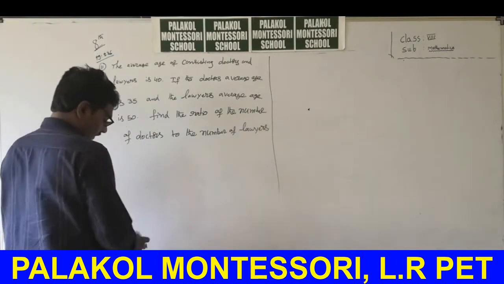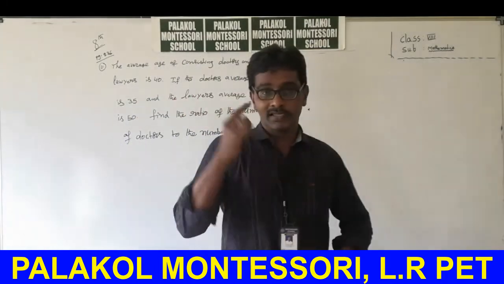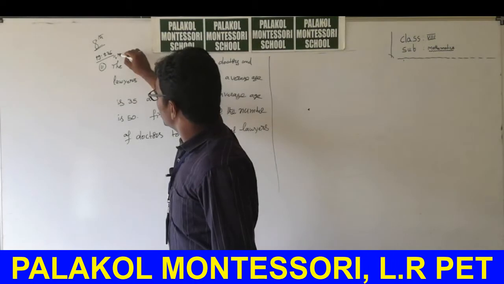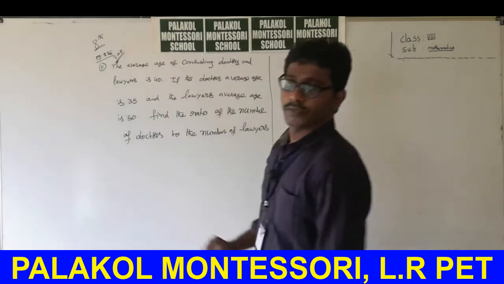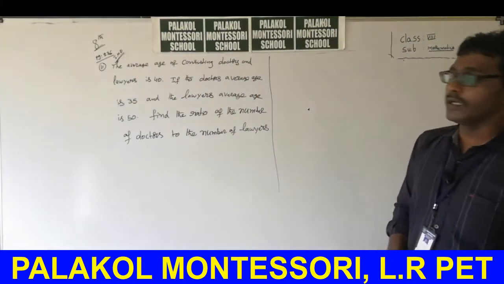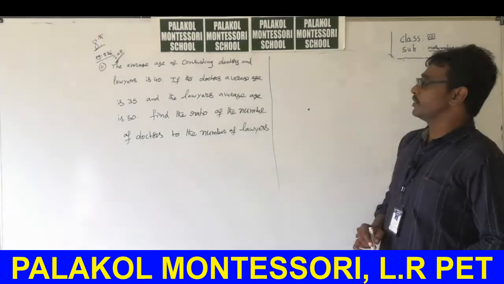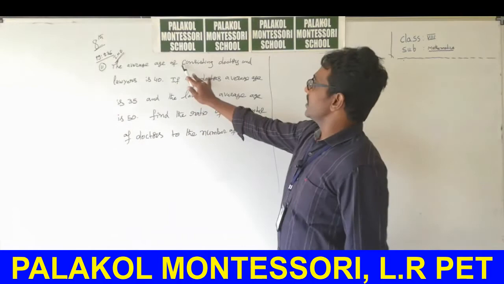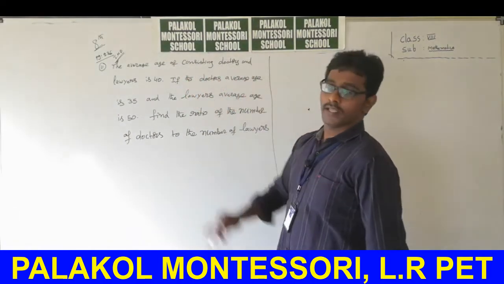Okay, very important question, guys. This type of question is definitely given in competition-oriented exams, I mean Polytechnic, APRGC. Guys, see, the average age of a group consisting of doctors and lawyers.